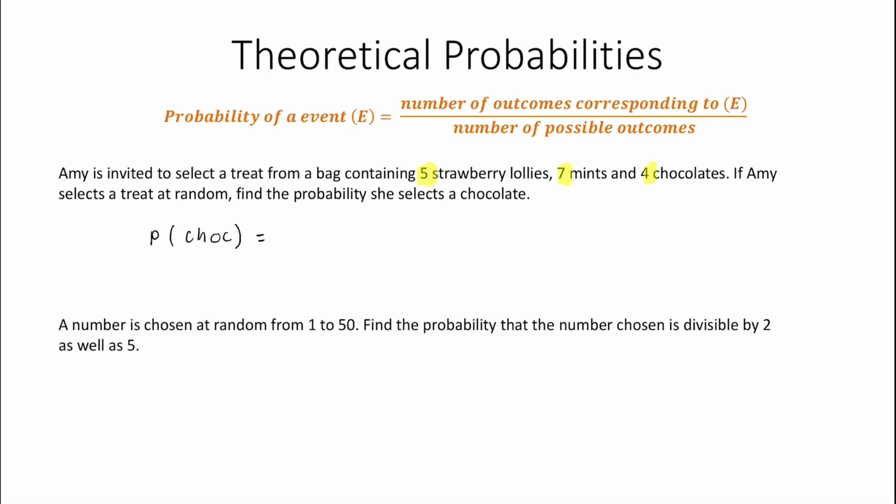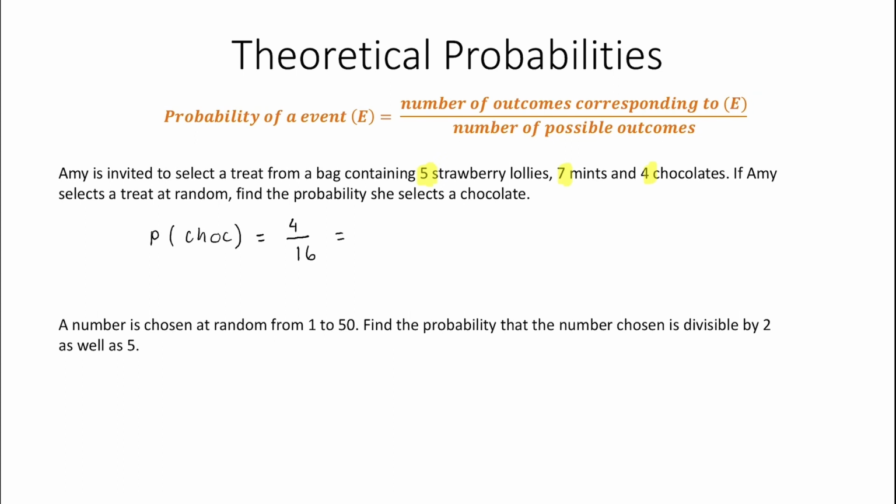There are 4 chocolates in this bag, so there's 4 possible outcomes to select a chocolate. The number below is the total number of possible outcomes. So we have 5 strawberries, 7 mints, and 4 chocolates, giving us 16 sweets in that bag altogether.